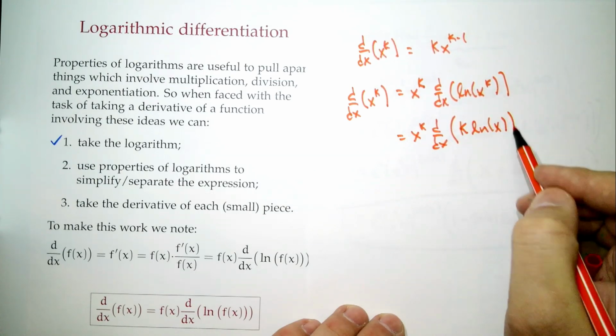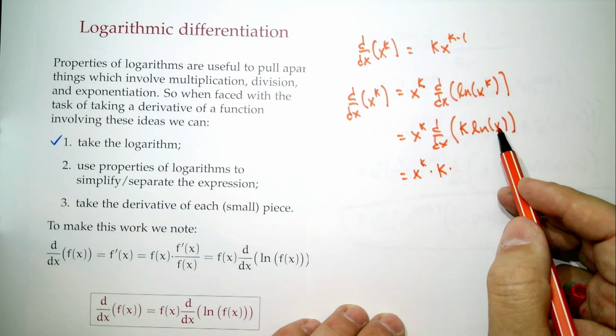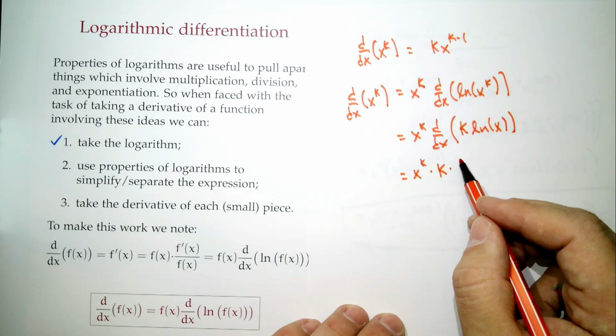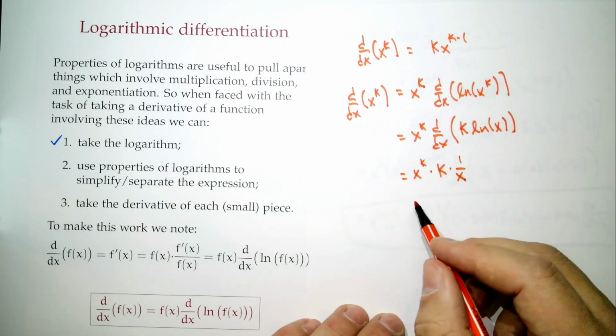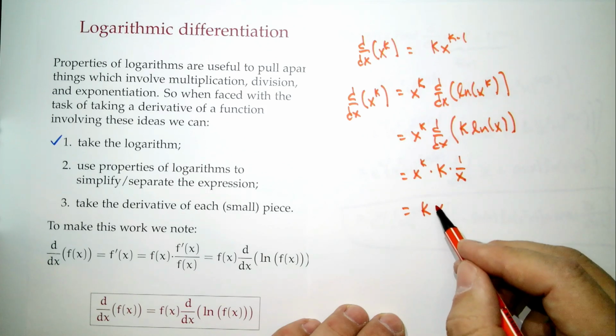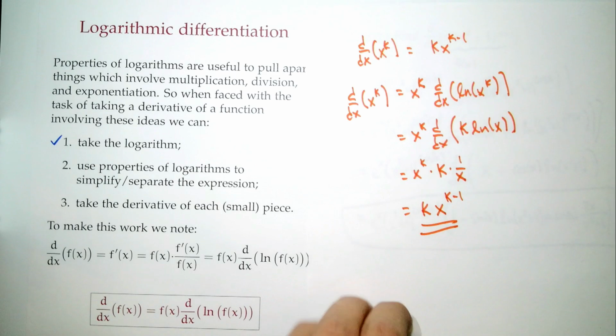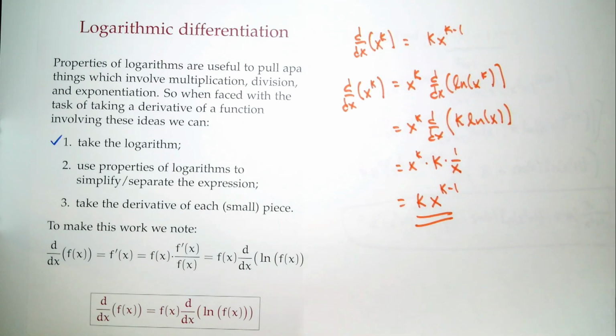Now k is a constant, so we get x to the k times k times the derivative of log of x, which is 1 over x, or if we combine these two powers of x together, k x to the power k minus 1. And that's the verification that the derivative of x to the k is k x to the k minus 1 for all values of k, no matter how strange you get.